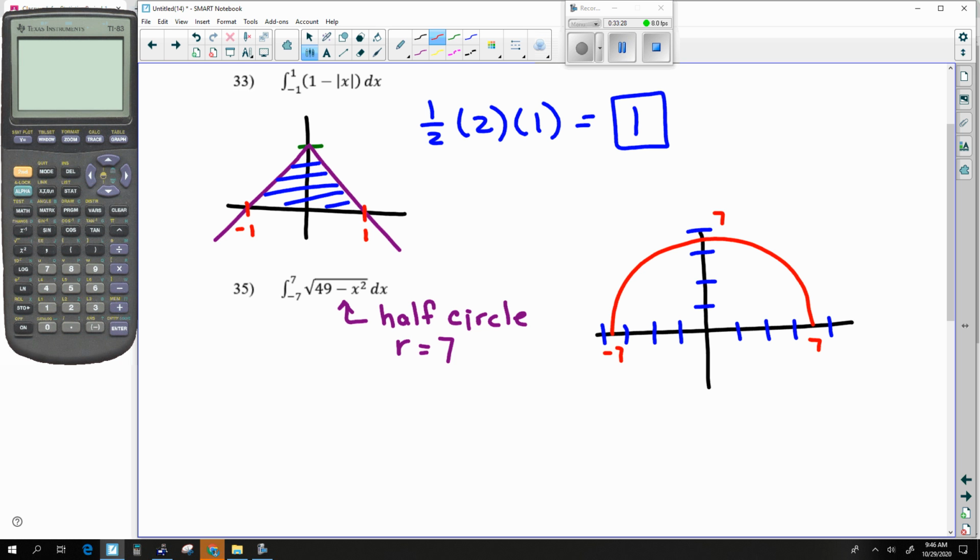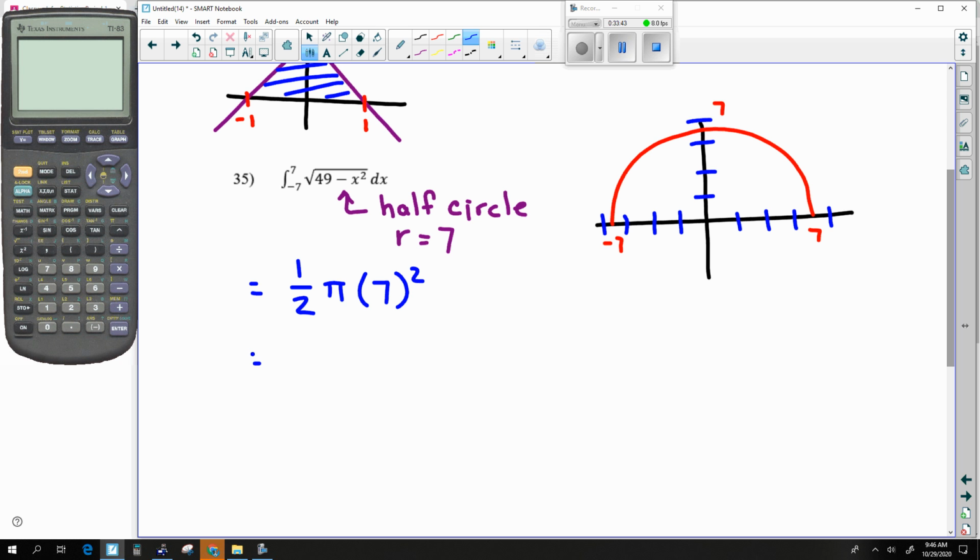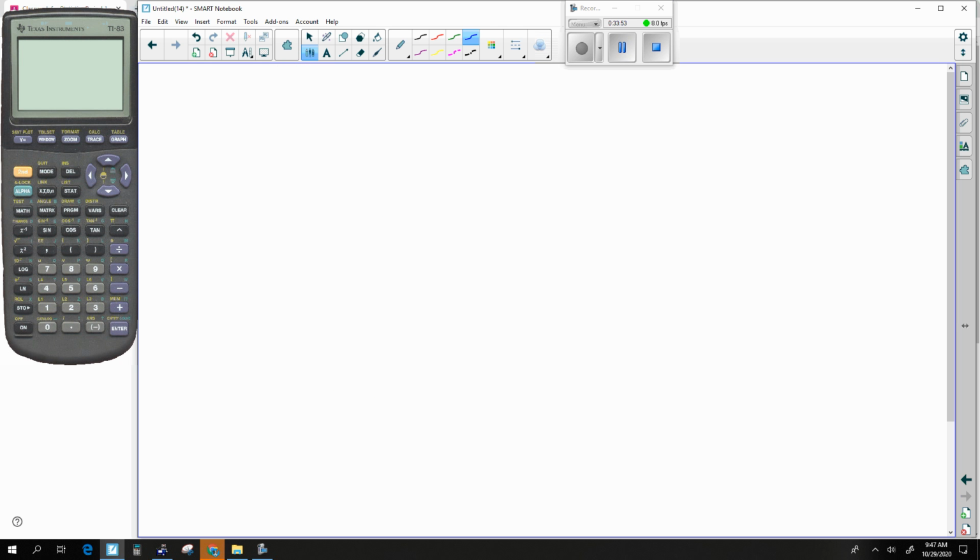That area would be 1/2 pi r squared. Pi r squared is the area of the circle, so this is 1/2 pi r squared. Cleaning this up, this would be 49 over 2 pi. That's it.